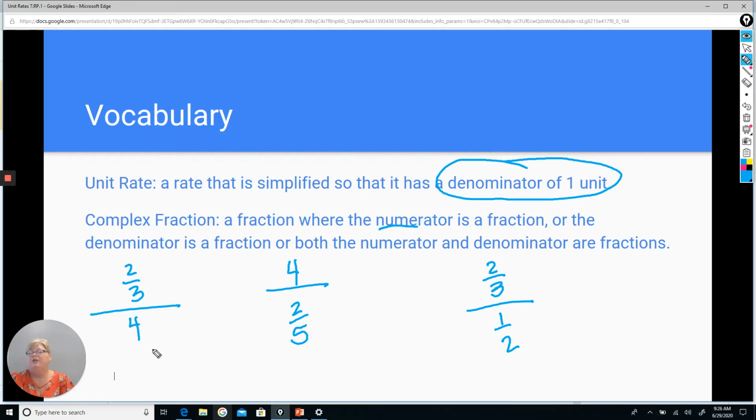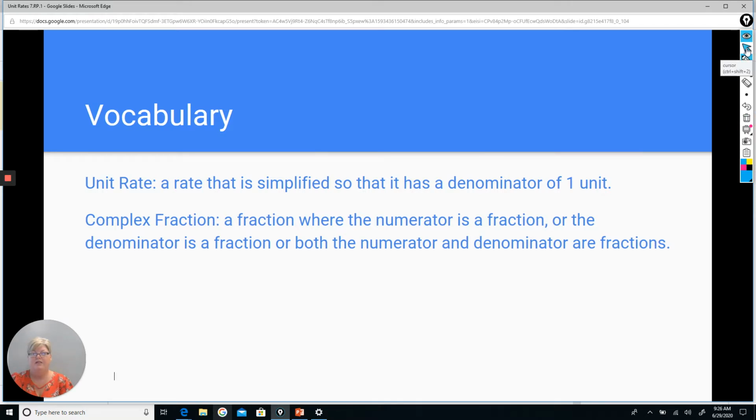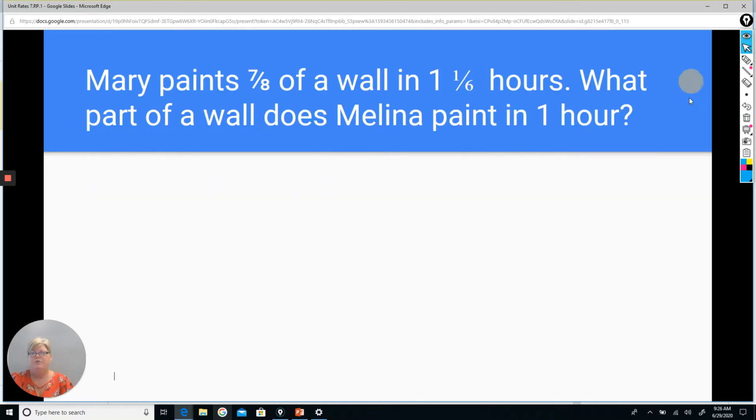Okay, so don't stress out about this. All this means is the fraction bar is dividing, and this just means 2/3 divided by 4. Okay, and then you can work it from there. But we're going to work some problems like this in this lesson. And also, just to remind you, there is a video on complex fractions, so you can go back and watch that as well.